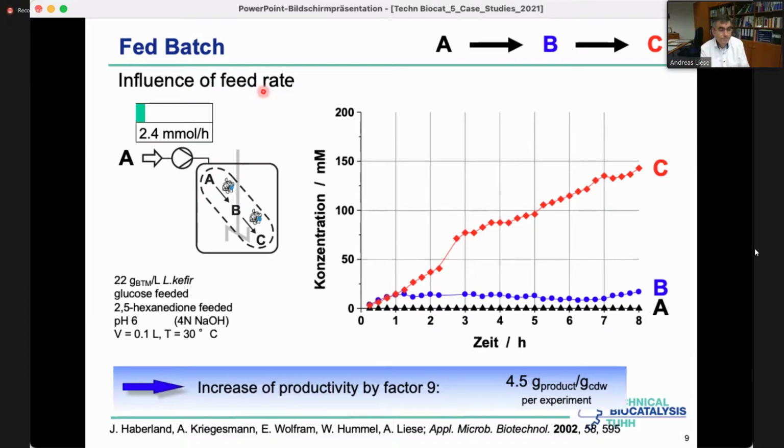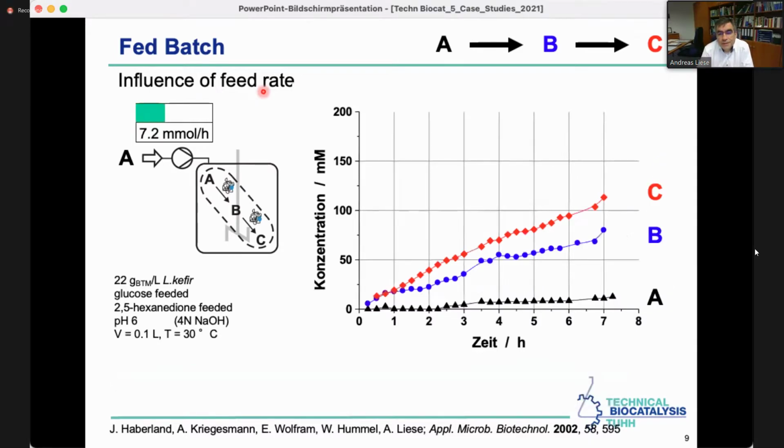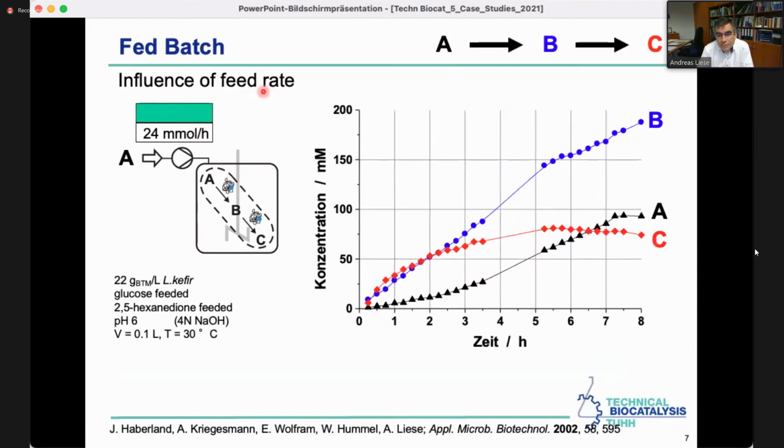Okay, so this was fed batch and questioning. So the important point is if you get any result like this, you always have to analyze what is the information I have. You can ask me for information like anything on kinetics or whatsoever. Here I don't have it, we didn't have time to measure, let's say it that way.